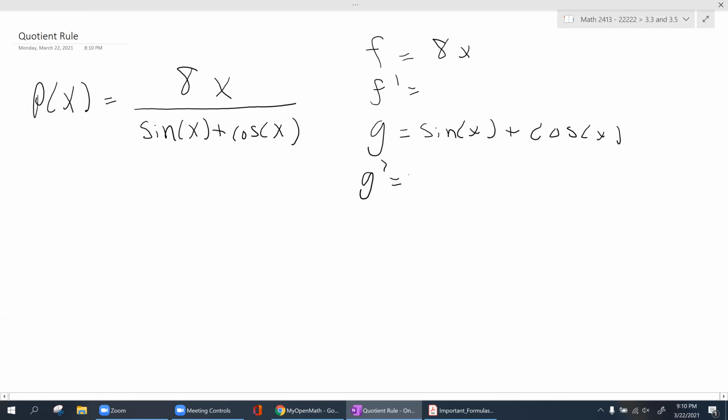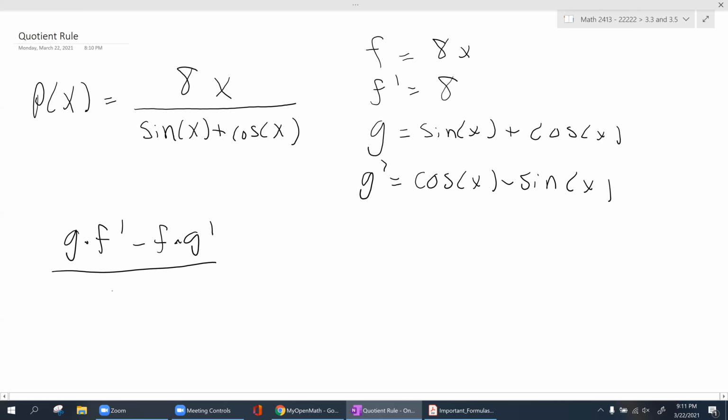And g prime, we'll find out. So the derivative of 8x is going to be 8, because whenever you just have one term of degree 1, it's just the coefficient in front of it. And whenever you're deriving g, you'll find out that this is cosine of x minus sine of x.